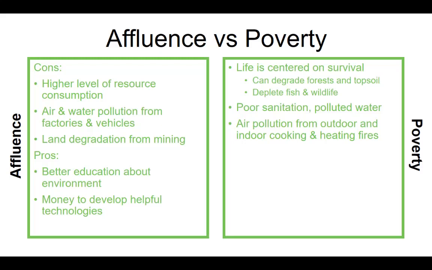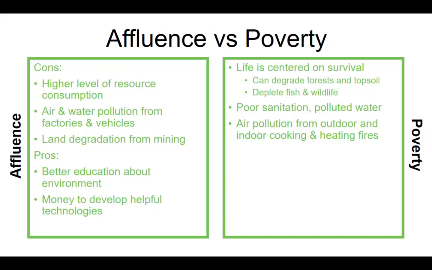However, on the other hand, the more money our population has, typically you get better educated about many different things, including the environment. And this helps us to develop technologies which can go ahead and help us to protect species or to save the environment. This is very different from those that are in poverty who are really just focused on survival.